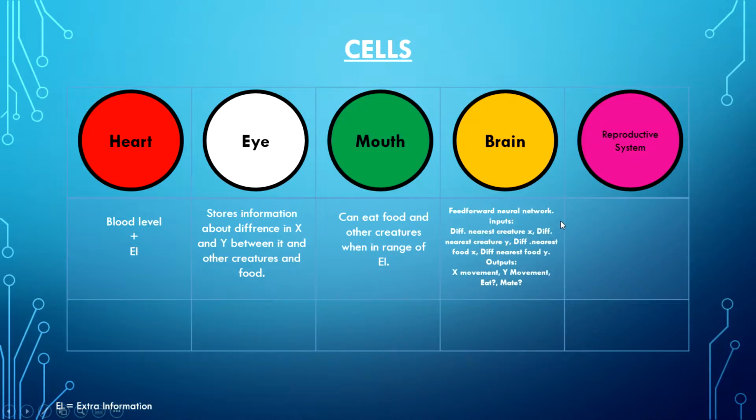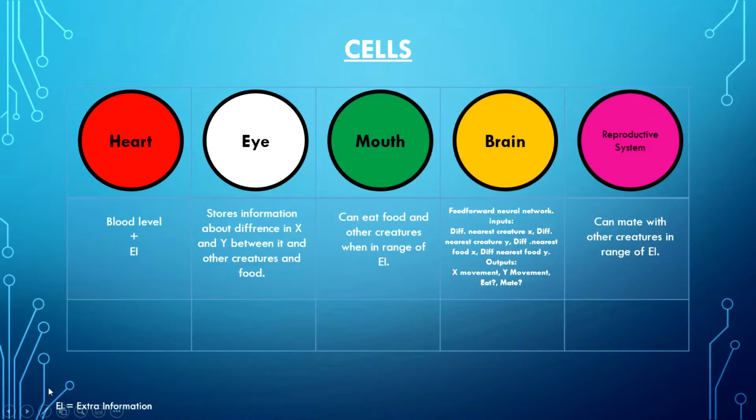The brain is a feed-forward neural network that gets as input the difference between it and the nearest creature in X and Y. Same with the food, and it outputs the movement in X and Y, eat and mate. I will explain that in one of the next videos, and also later in this video. And the reproductive system can mate with other creatures when in range of the specifications, or the extra information.